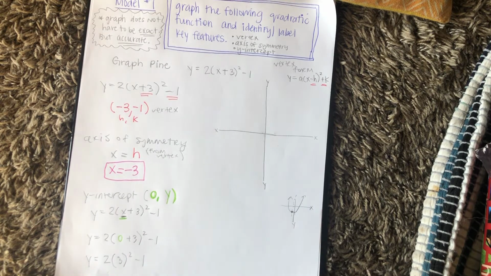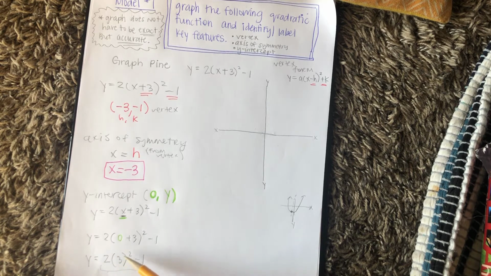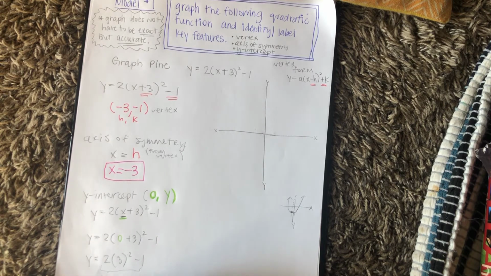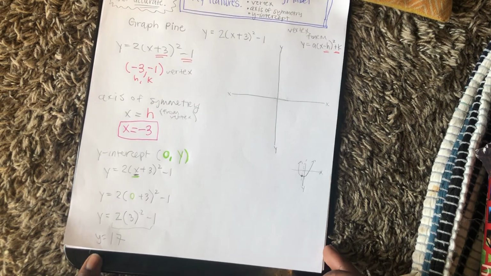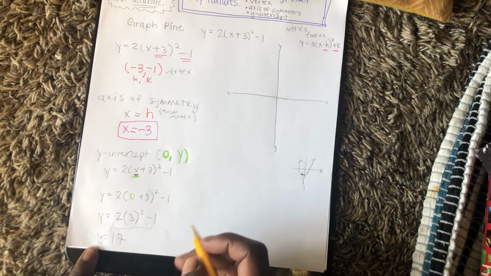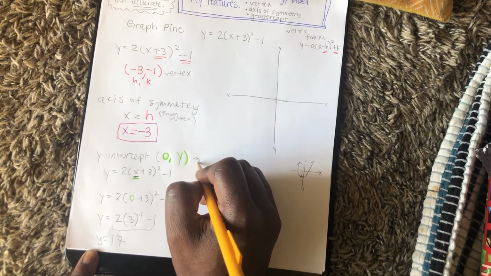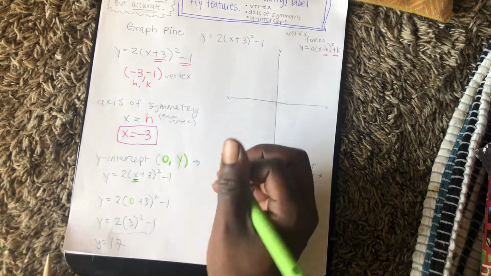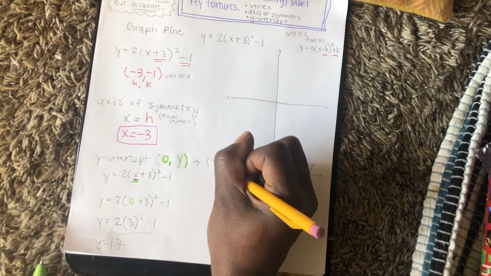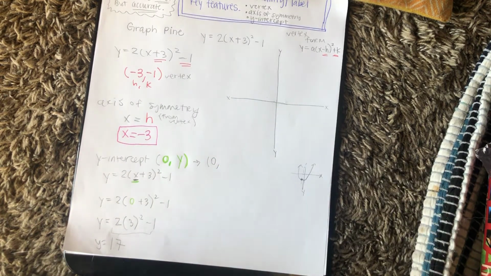And we keep on solving. Okay, I can put all this in my calculator here, or I can do the math. 3 squared is 9, times 2 is 18, minus 1 is 17. All right, there we are. So y equals 17, which means my y-intercept is actually (0, 17).